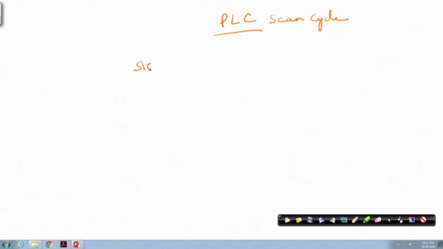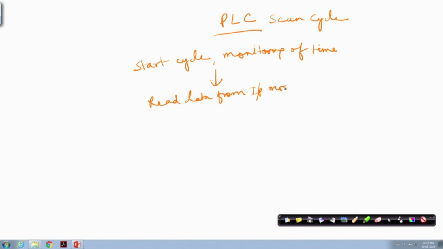So, you have first of all the starting of the cycle and monitoring different parameters such as time, etc. Then you have reading the data from the input module, and checking the input status.